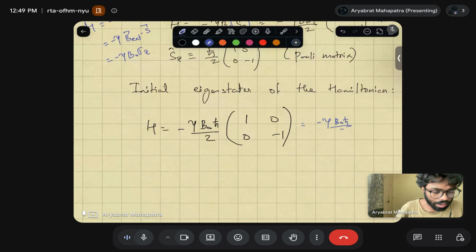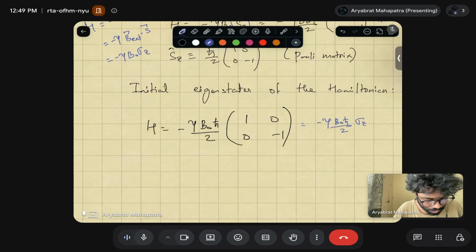So the eigenvectors are basically, it will have two eigenvectors. One is chi plus, which is 1 0, and it has an eigenvalue.